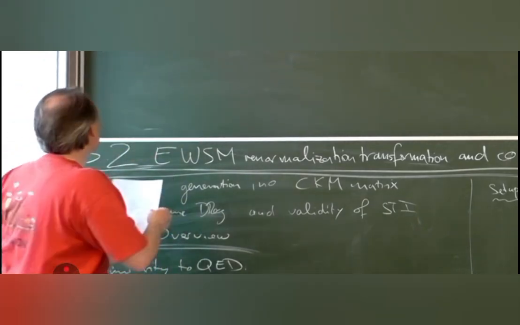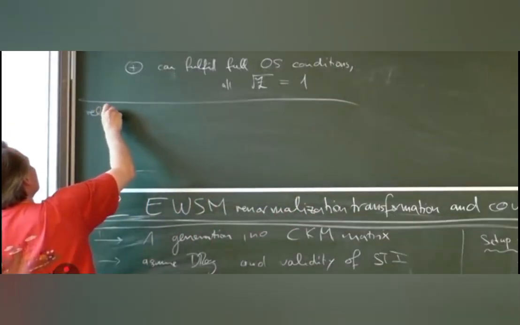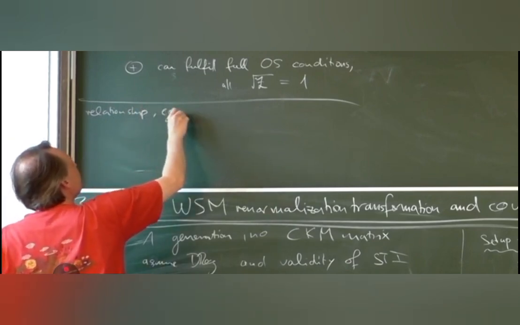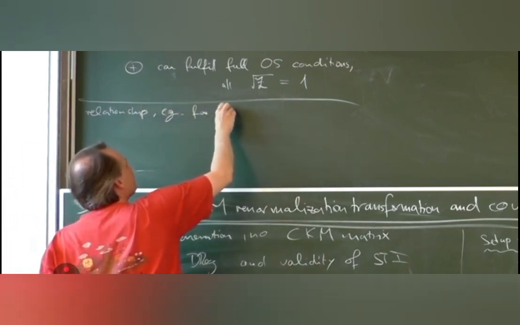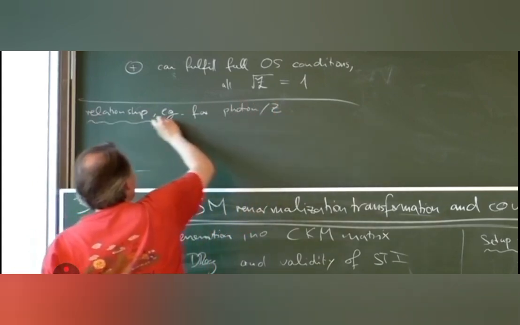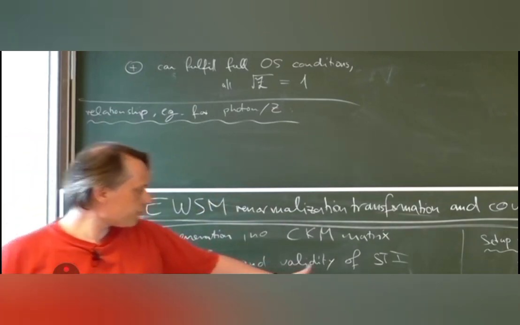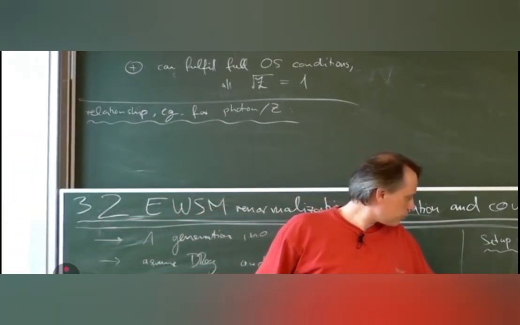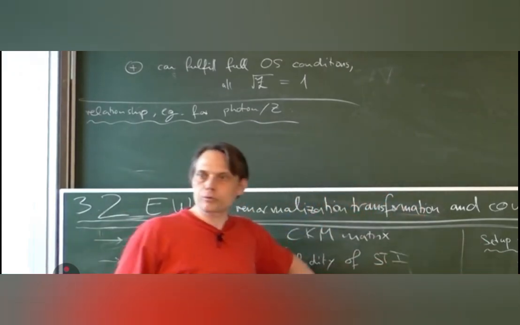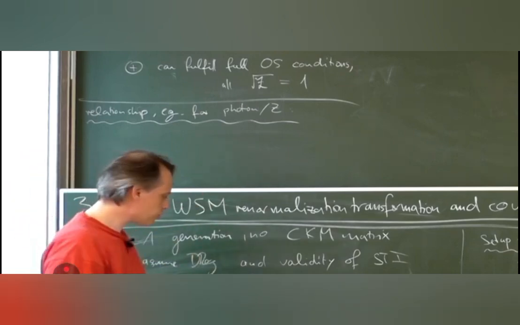And let me just briefly mention a relationship between the two. For example, for the photon and Z, this relationship is kind of important because it establishes, since the first one is guaranteed to be in agreement with all the symmetries, if you can relate the two, then also the second is in agreement with the symmetries. So that is the importance of that relationship. And let me just illustrate it.